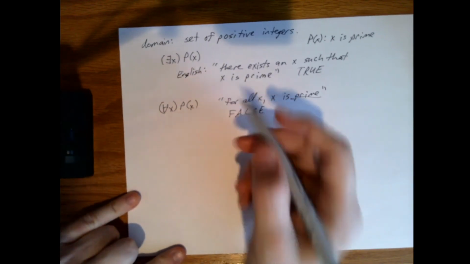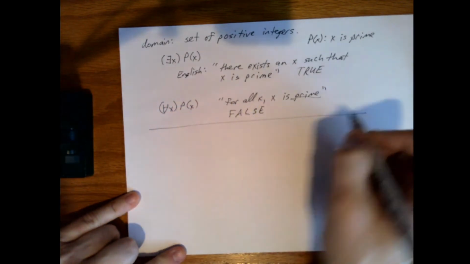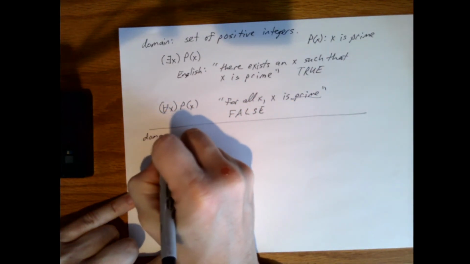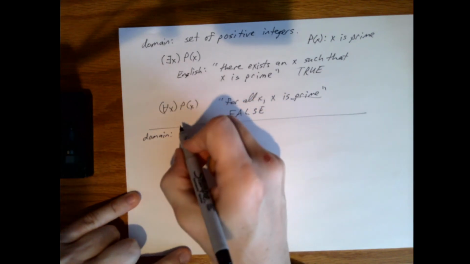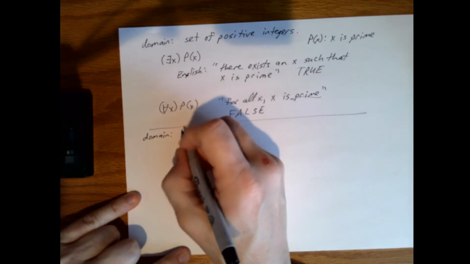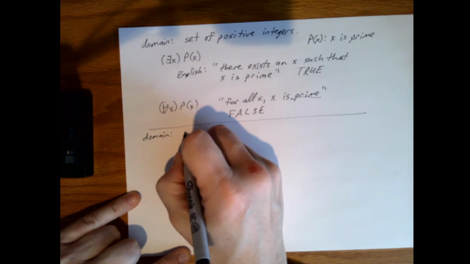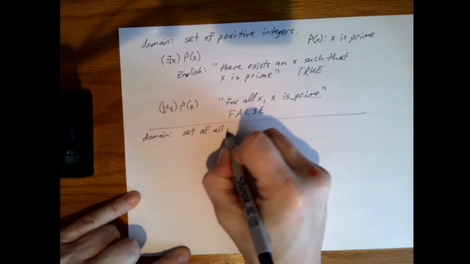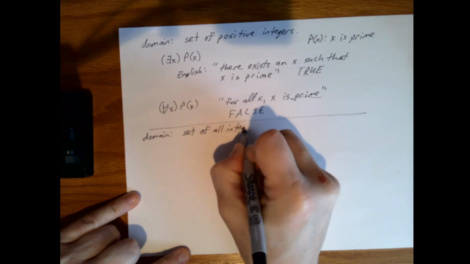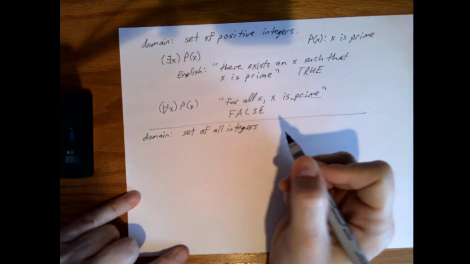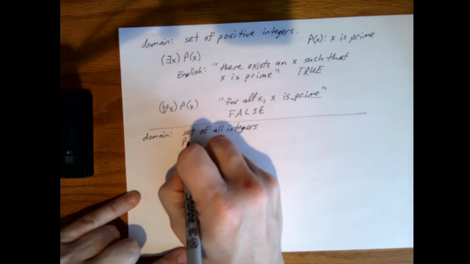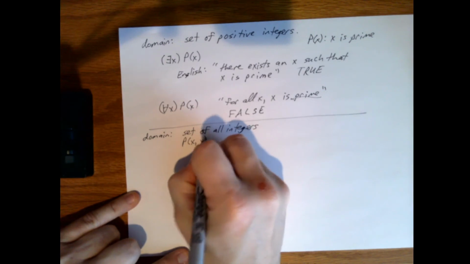So let's say we have something like this. So our domain again will be the set of all integers. We'll say that P of x, y, right?